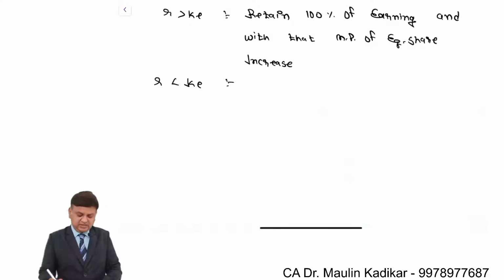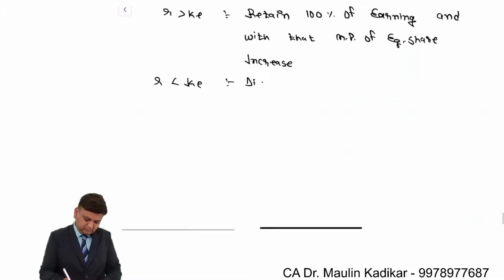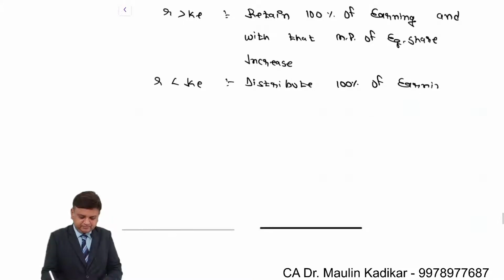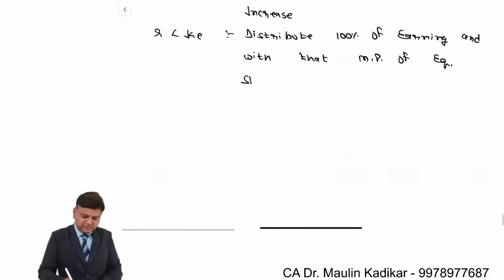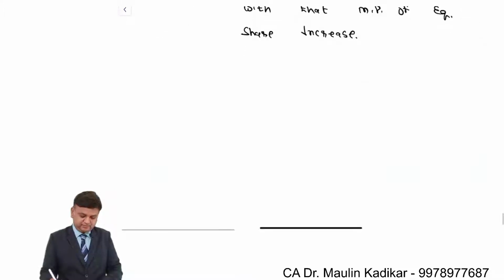R is less than K, distribute 100% of earning, and with that market price of equity share increase.